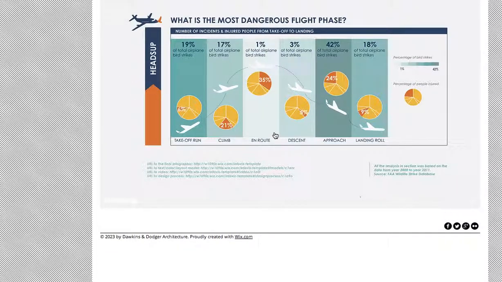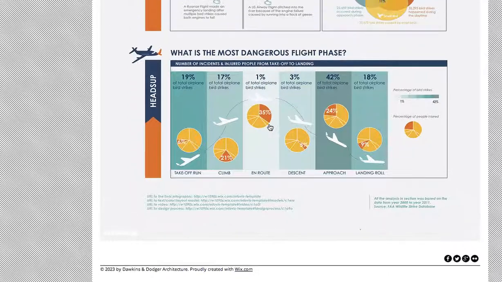In the last chart, unity is created by using the same airplane icon with the same color, while variety is created by using different angles for each airplane icon in different flight phases. This is the angle here, and then it's more flat in this flight phase.